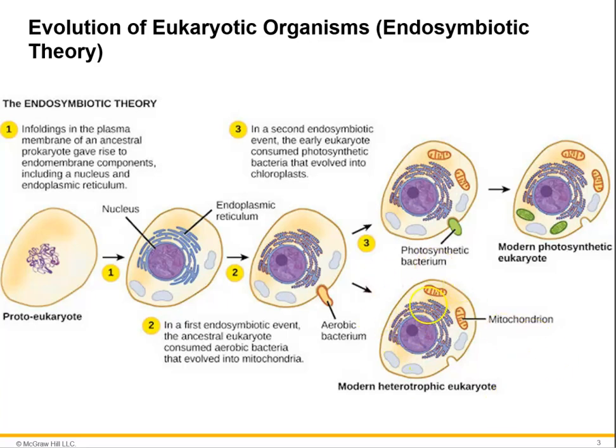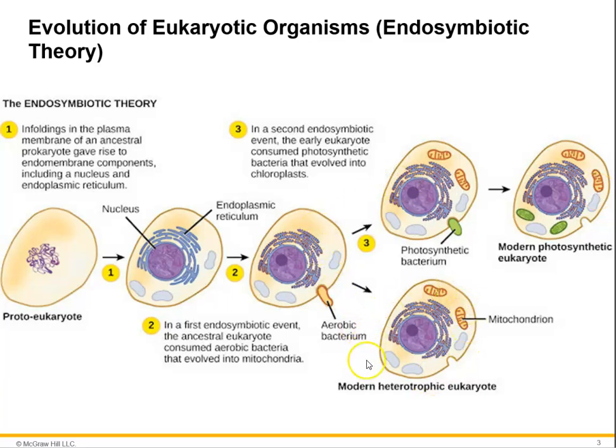Now, some of these early eukaryotes went on to a second endosymbiotic event where a photosynthetic bacterium is consumed in addition to the aerobic bacterium. And these photosynthetic bacteria evolve to the point that they cannot survive independently of this prokaryote, and eventually evolved to photosynthetic eukaryotes like plants.